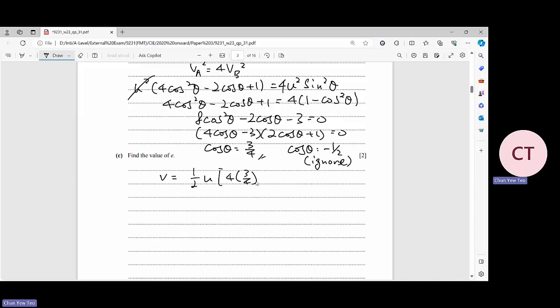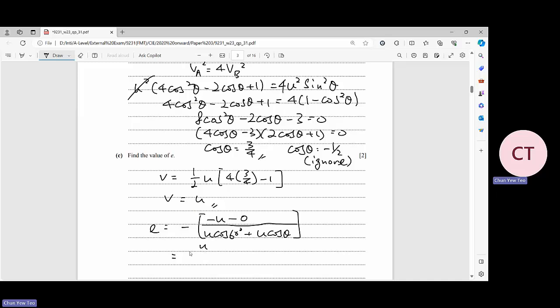4 cos theta minus a 1. So you will get U. V is a U. So your E is equal to the negative of the negative U minus a 0 over the U cos 60 plus the U cos theta.